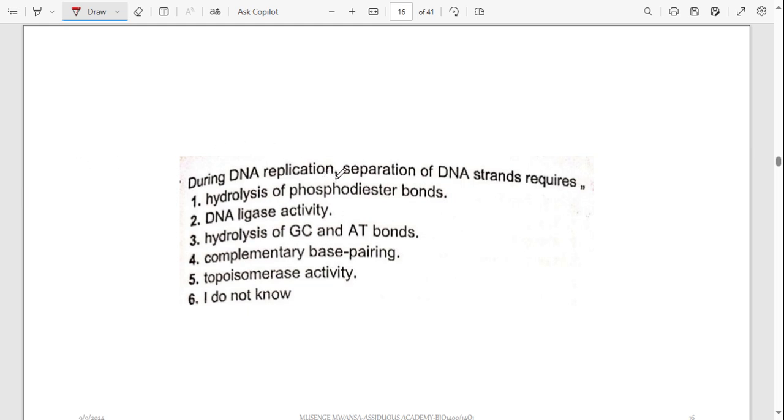During DNA replication, separation of DNA strands requires, remember it's separation, right? Hydrolysis of phosphodiester bonds, DNA ligase, hydrolysis of GC and AT complementary base pairing, or topoisomerase activity. Separation of DNA strands: what do we require? You have these two strands.